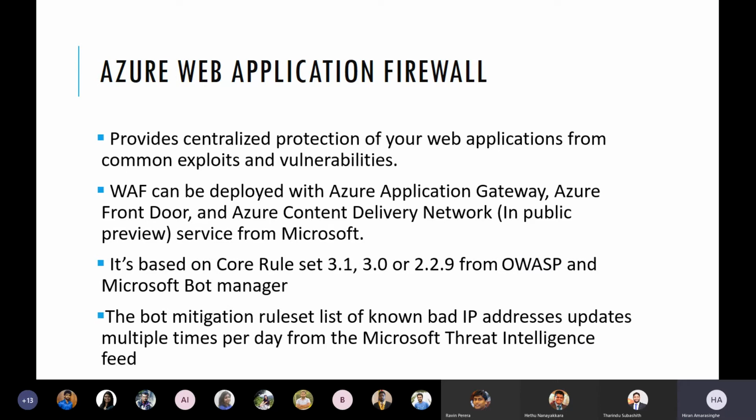Yes, so a bot mitigation rule set remembers these bad IP addresses. Microsoft has a global network, so they record all these interactions and make sure that any traffic arriving from these networks or IP addresses is absorbed.